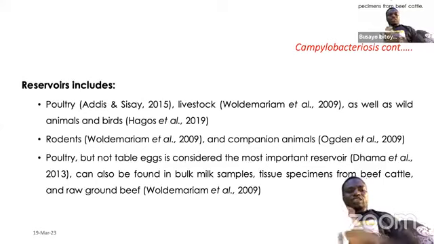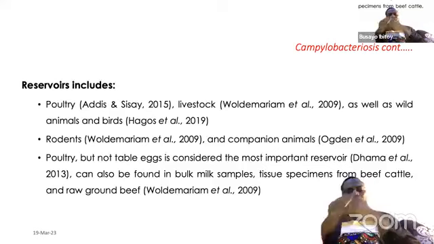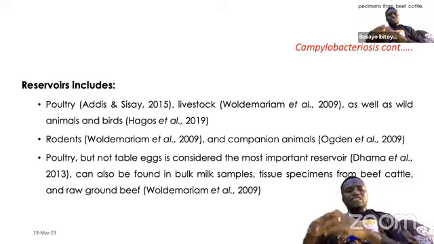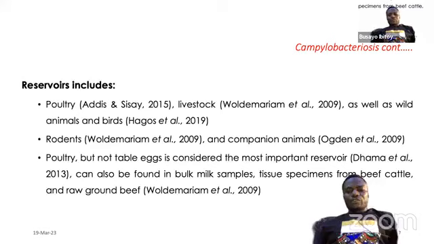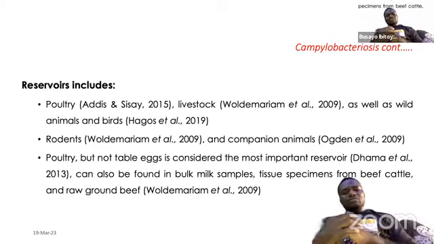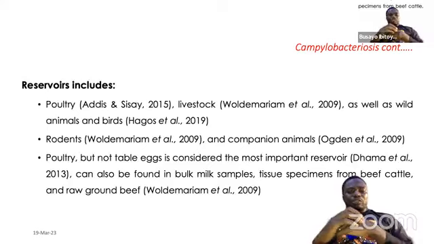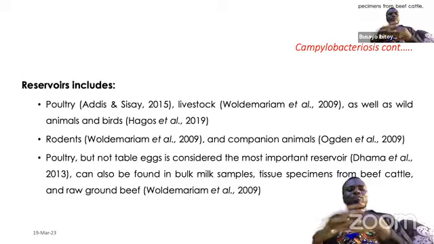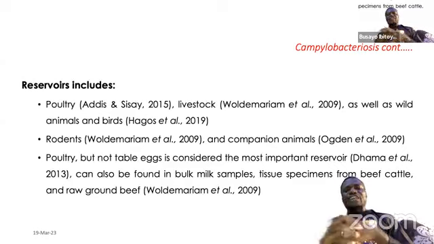Rodents have also been reported to be a reservoir of Campylobacter. Also, companion animals, cats and dogs, have been reported to be reservoirs. But especially, poultry is the most significant reservoir of Campylobacter.